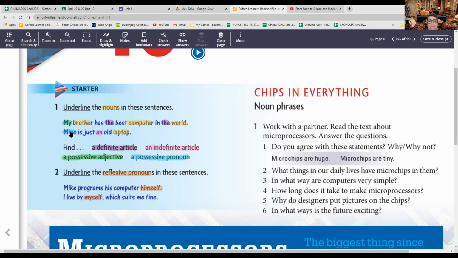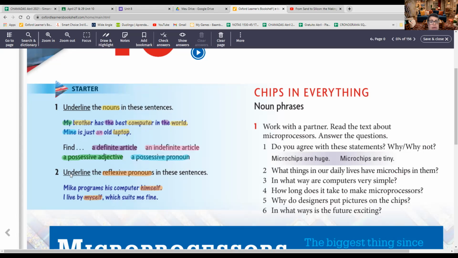So here, mine is a possessive pronoun. What is the difference? A possessive pronoun I use when I substitute a noun. So here, look, they are talking about computers. So mine is equivalent to my computer. So I'm substituting that by using only the possessive pronoun. Okay.